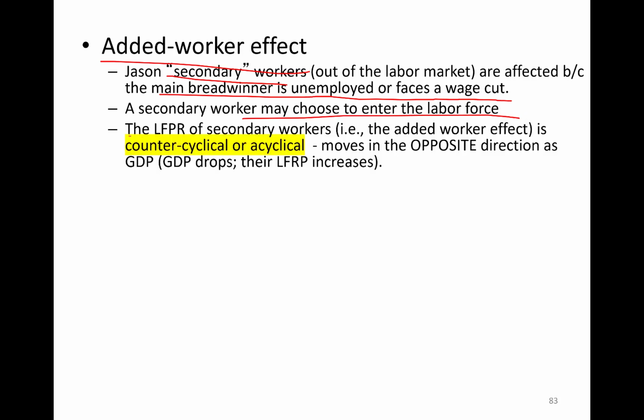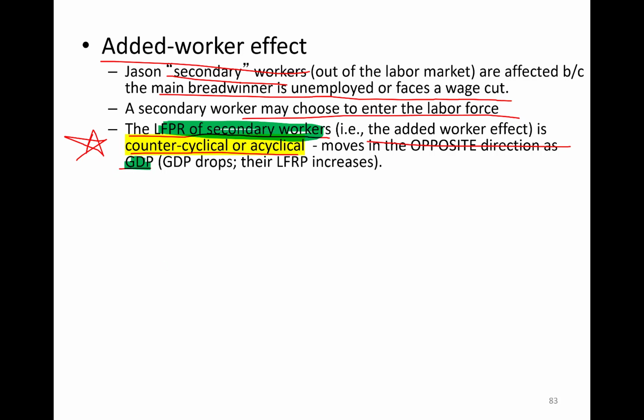So the labor force participation rate of secondary workers, in other words the added worker effect, is what we say is counter-cyclical, or acyclical. This is really important, I'm going to put a star. What does it mean? Counter-cyclical means the labor force participation of secondary workers moves in the opposite direction of GDP.